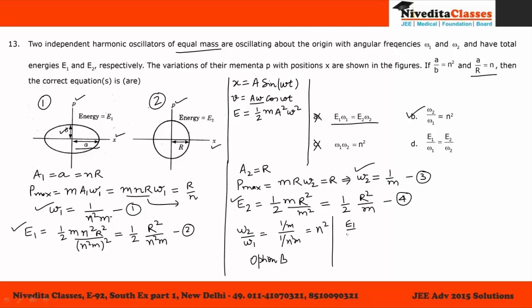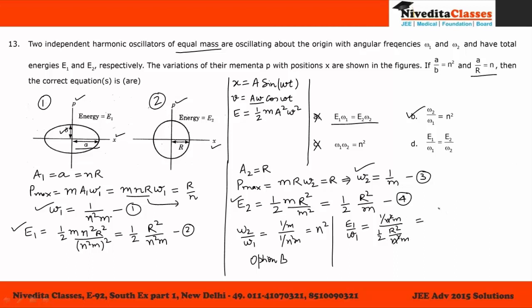So our E1 divided by omega 1 is actually 1 divided by n square m divided by half of r square divided by n square m. So let's cancel this n square from both sides.